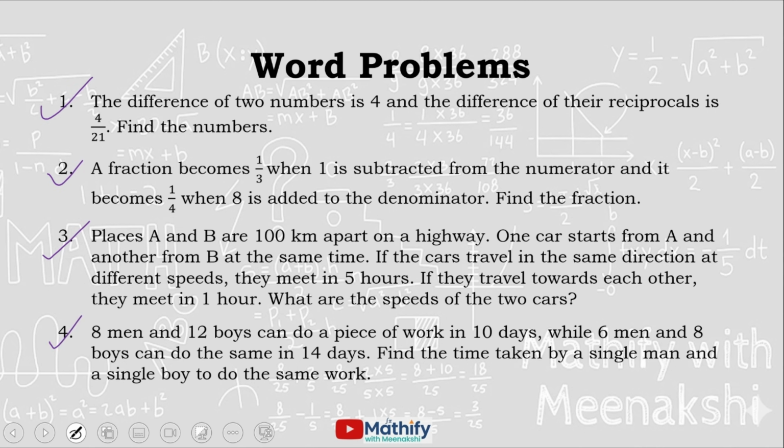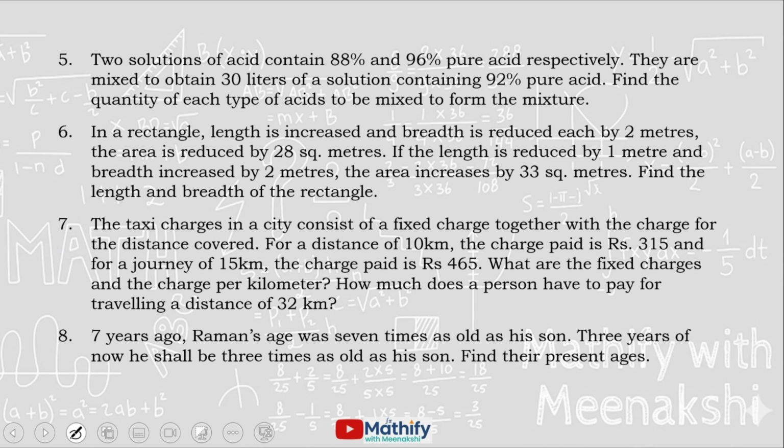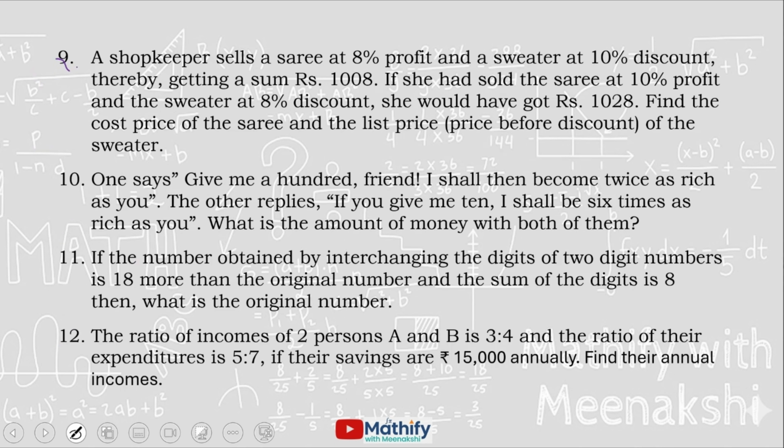Fourth, work done. Fifth, mixture alligation. Sixth, length breadth variation. Seventh, fixed and additional charge. Eighth, age quotients. Ninth, profit and discount. 10th, money transaction. 11th, interchange of digits. And 12th, income, expenditure and saving.